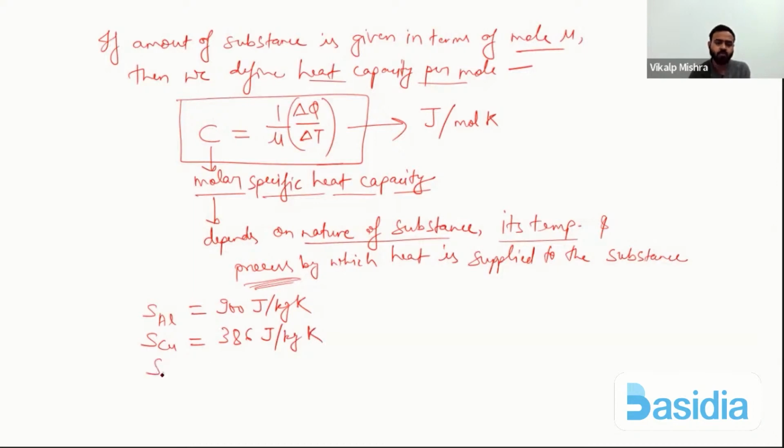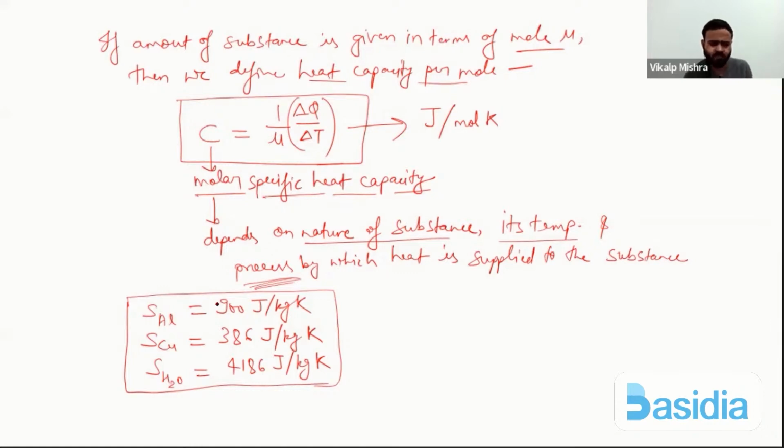For water the specific heat capacity is 4186 joule per kg Kelvin. I think the table is given in the NCERT book also, the table of specific heat capacity for different substances. You can see that. No need to remember all the values. Only for water you can remember, that is 4186 joule per kg Kelvin.